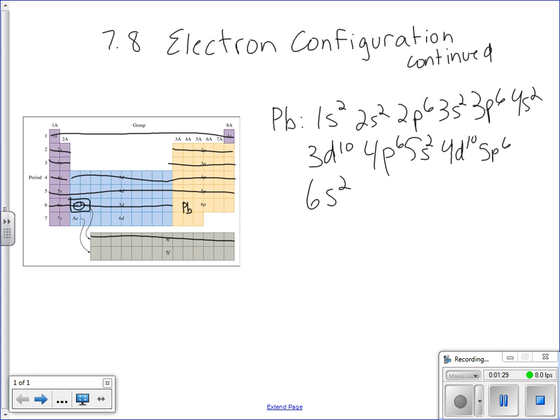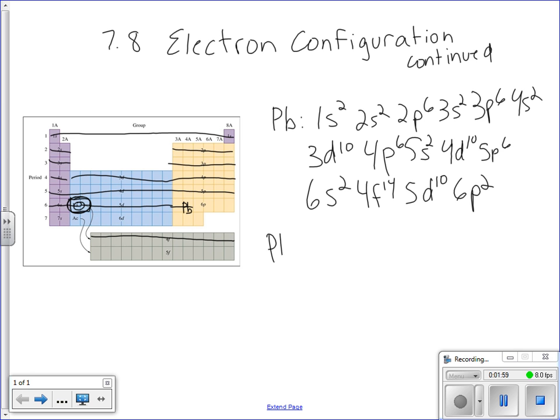So different periodic tables do this differently, but there are 14 actual elements between these two elements in most periodic tables. So for the electron configuration, we have to write 4f14, 5d10, and then we have to go up to and including lead, 6p2. And that is the longhand configuration, electron configuration for lead.